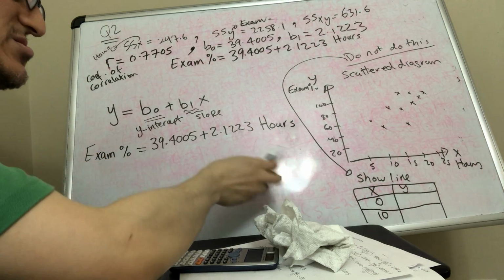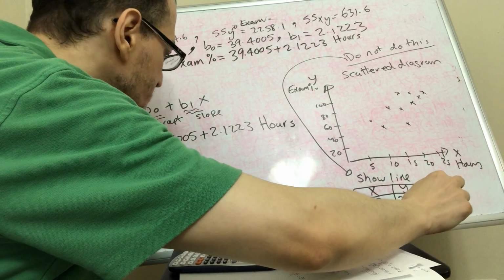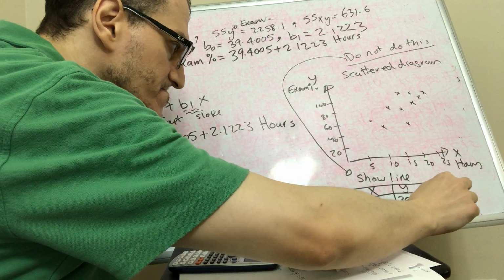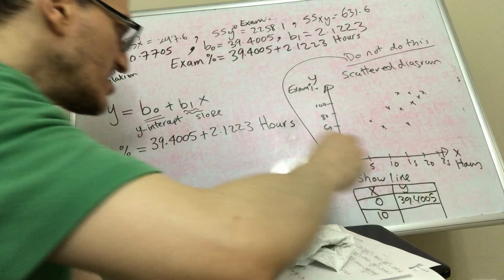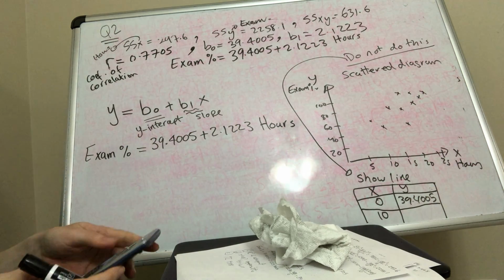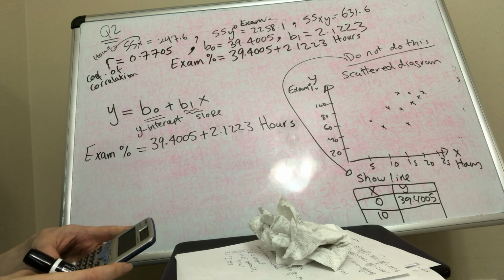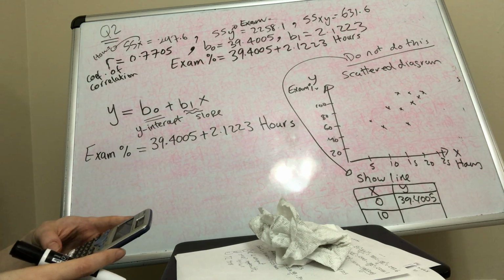If I plug 0 into x, it gives me 39. And if I plug 10, it gives me 39.4005 plus 21.223.